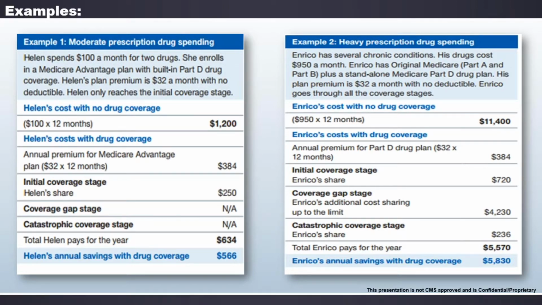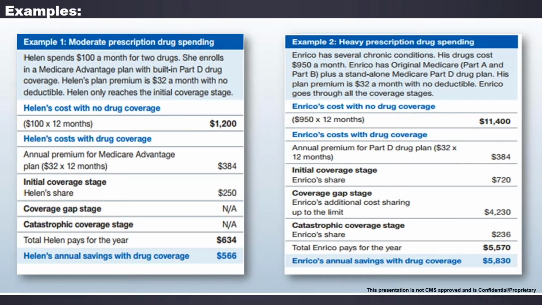In the initial stage, because he hit that initial coverage limit, $720. The coverage gap, where he fell into the donut hole, where he has that additional cost sharing, he has to hit that limit, $4,230 out of pocket. And then he moves into the catastrophic stage. So his share would be $236.